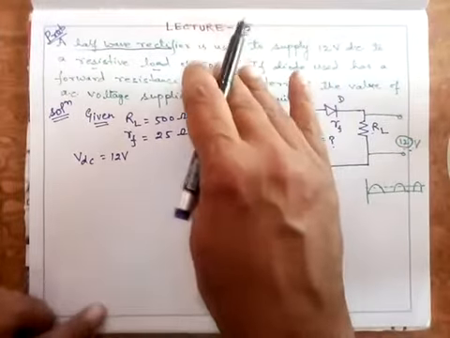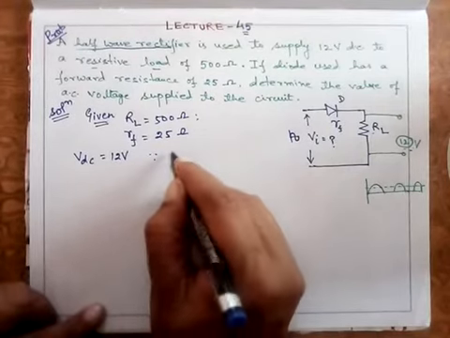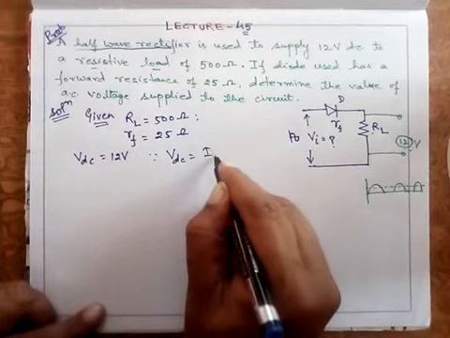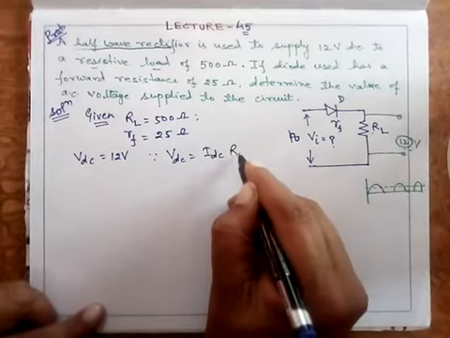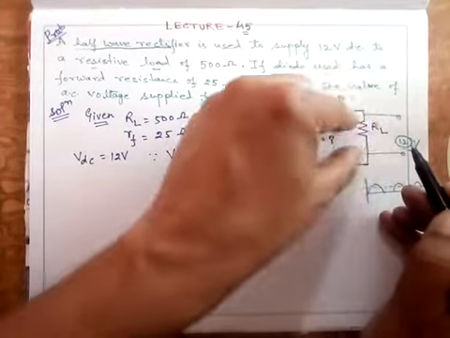So very first thing, I know that VDC is equal to IDC into RL. The current flowing here will be IDC, the average value.